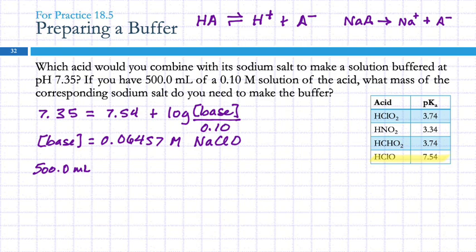So this is going to be a dimensional analysis problem. We are starting with milliliters of buffer, and we want to end up with grams of NaClO. And we need to figure out how we can get there. It's not necessarily obvious. Sometimes it's obvious. Here, it's probably not obvious, so then we need to stop and think about it.